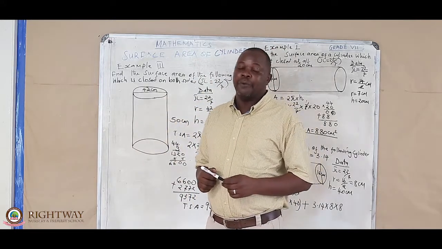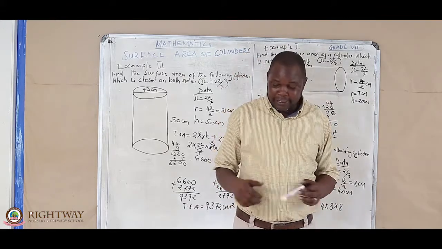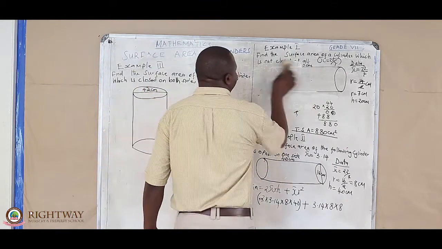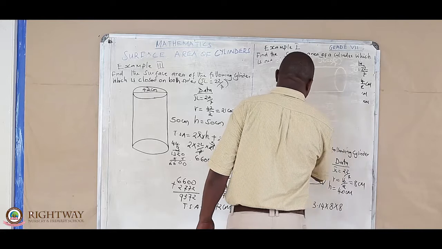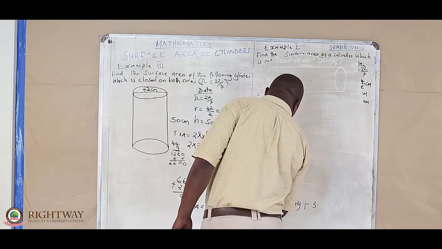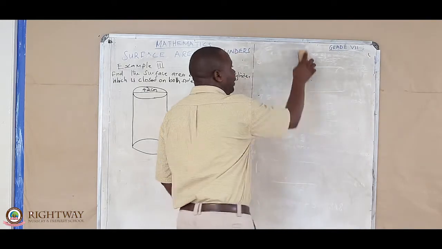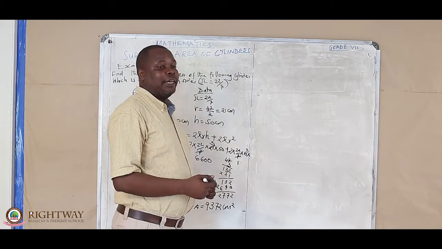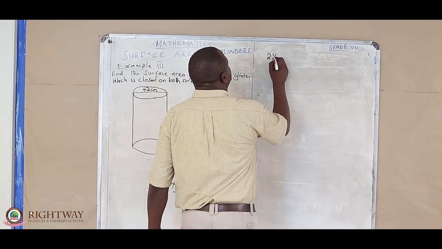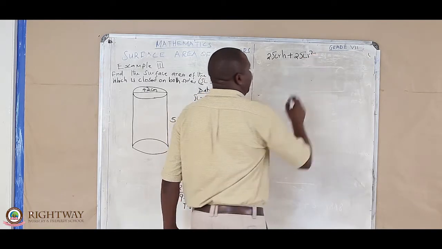And now we come back to our formula so that I give you a highlight on how it works. Our general formula for finding surface area of a closed cylinder is 2 pi RH plus 2 pi R squared.